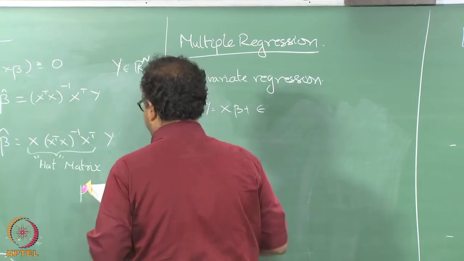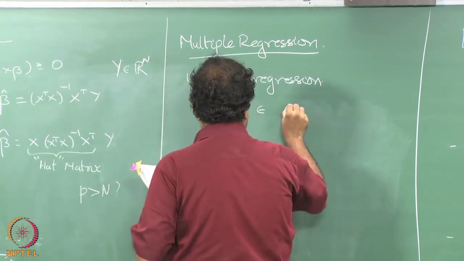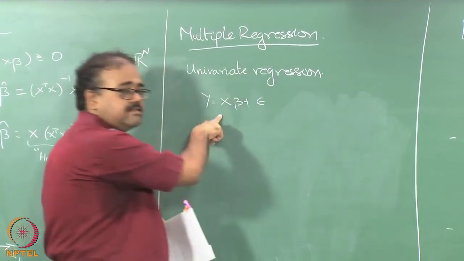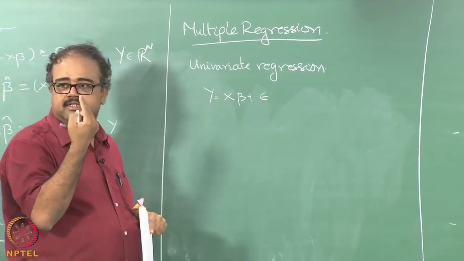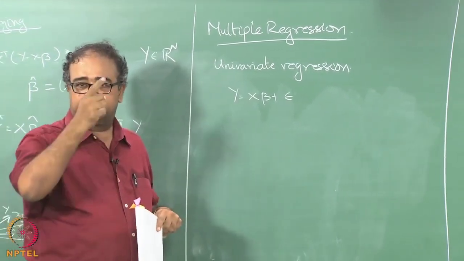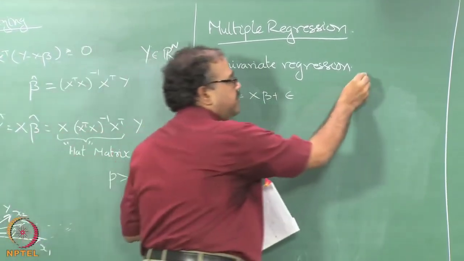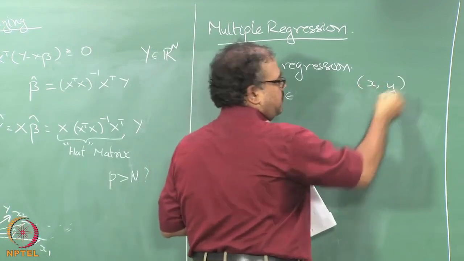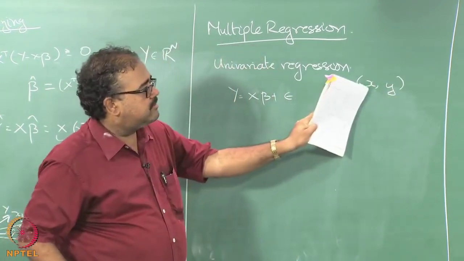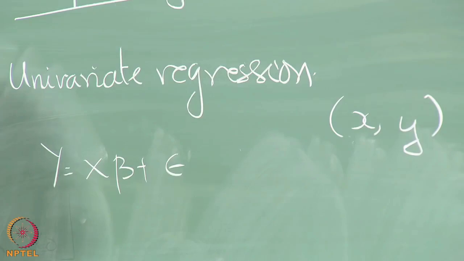So this is the basic model that we have, but here we are going to assume that x is a single number, so it is not a vector now. My data will be of the form x, y. That is not a vector, it is just a simple x.